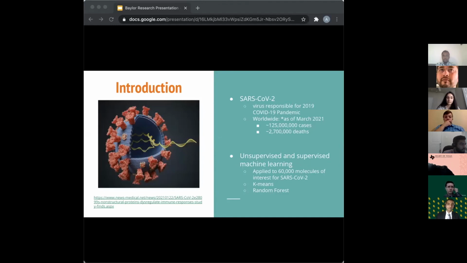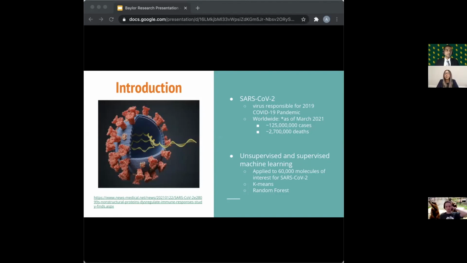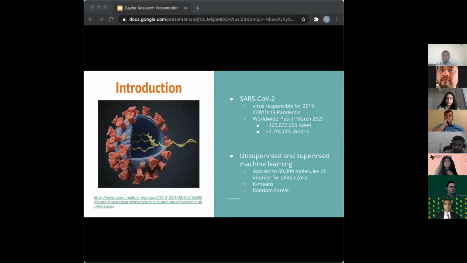To find a solution, we took a machine learning approach to utilize unsupervised and supervised machine learning techniques and apply it to 60,000 molecules of interest for this target virus. K-means was an unsupervised learning algorithm used where the model was able to find patterns in the data that allowed it to group similar observations into groups or clusters without being given a specific target variable.